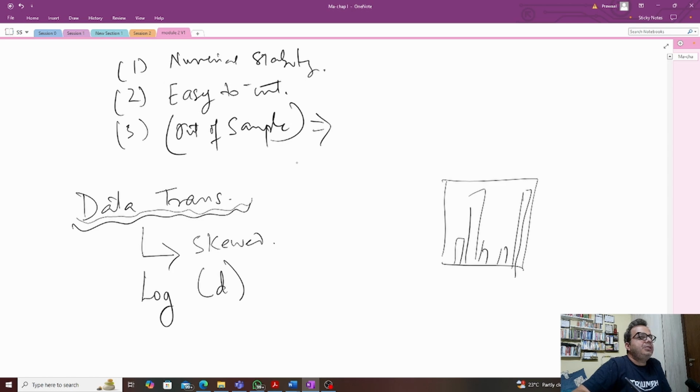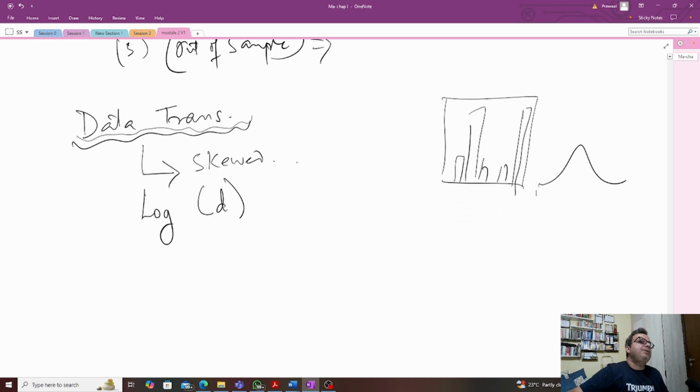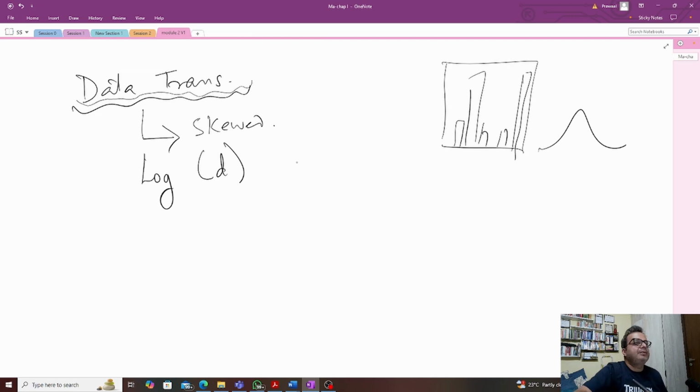A log transformation may help you put this kind of data into a normalized form, or data that follows some kind of distribution which is easy to interpret. So that's where transformations help. It can be log, it can be FFT transformation, or something else based on your data. As you analyze more and more data, you will be able to find out what kind of transformation is most suitable for what kind of circumstance.